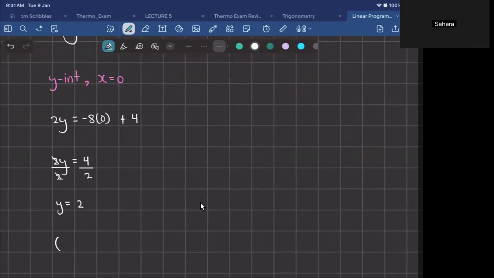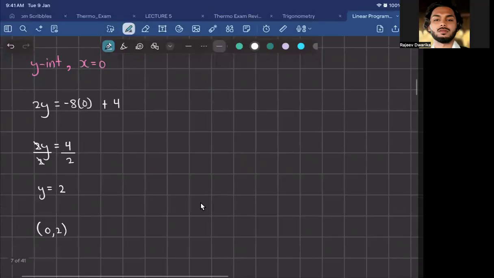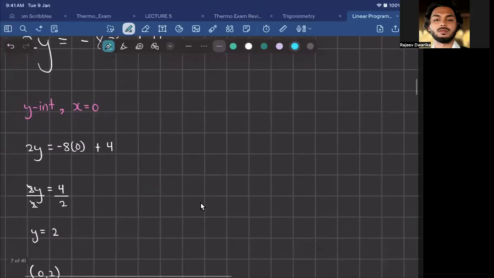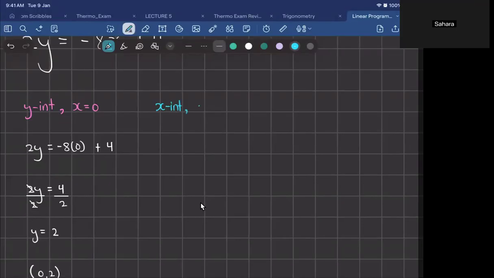All right. So what would the y-intercept be then? 0, comma 2. And the x-intercept, what do we know about the x-intercept? That y is equal to 0. Right. Wherever you see y, put 0.